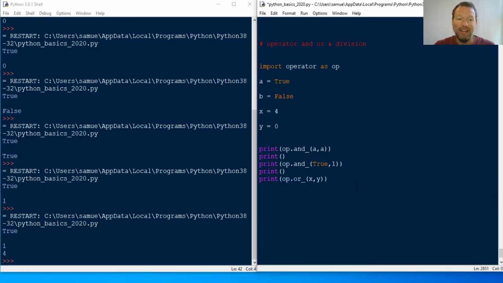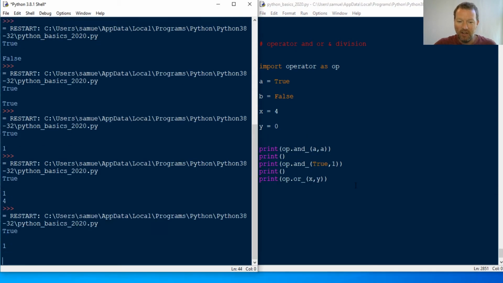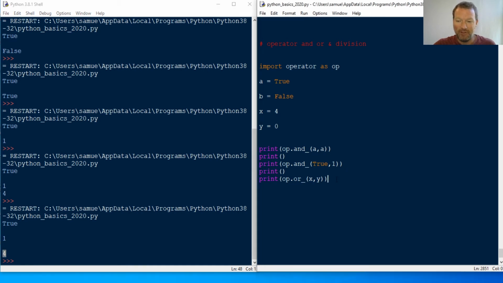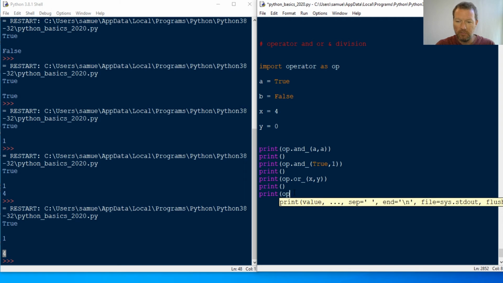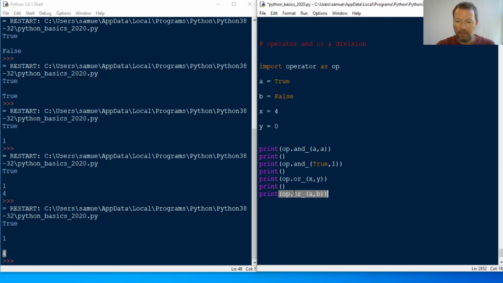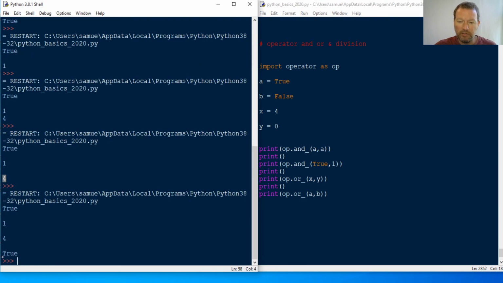Now I'm going to get my integer representation of true. Let's show this with print OP underscore or, and let's go A and B. I have two booleans. Out of A and B, is either of them true? Well, A is true, so I get true. I remember the first time I saw this, I thought that is really cool.